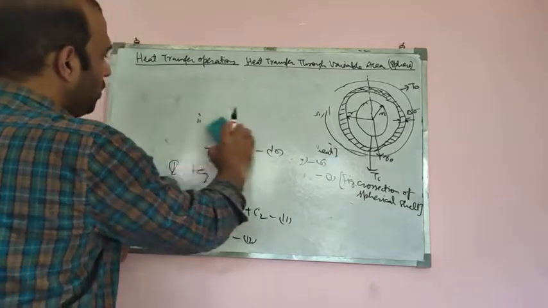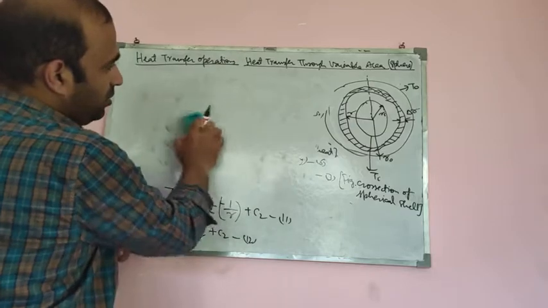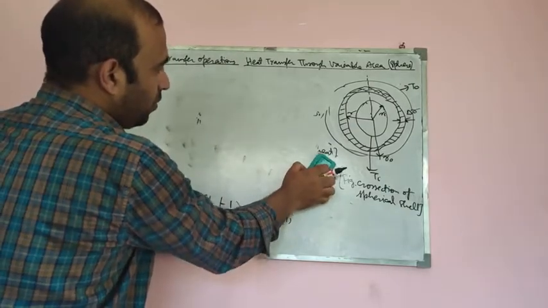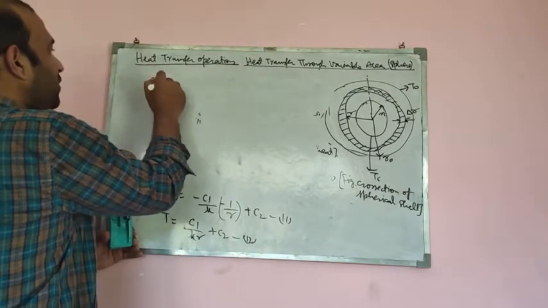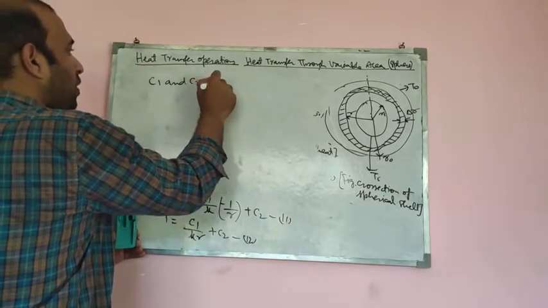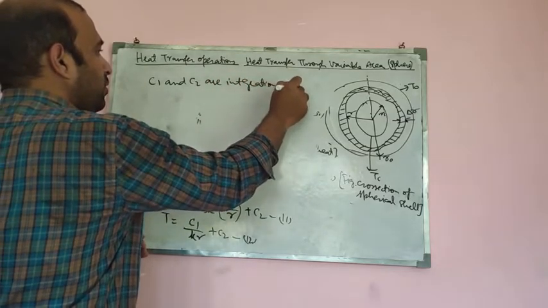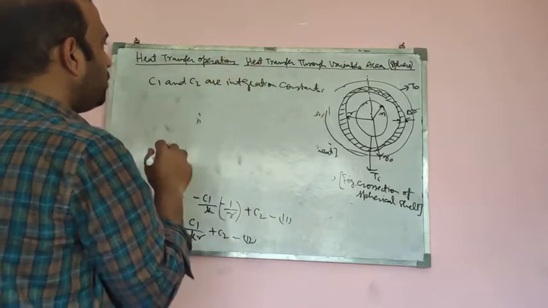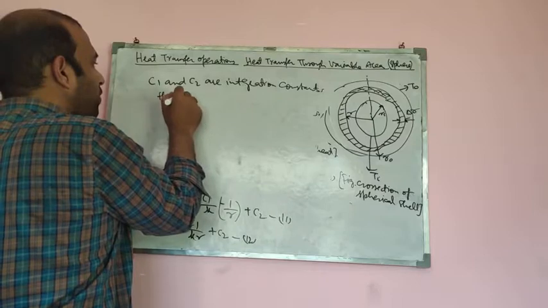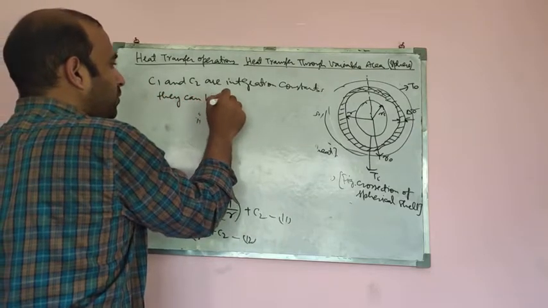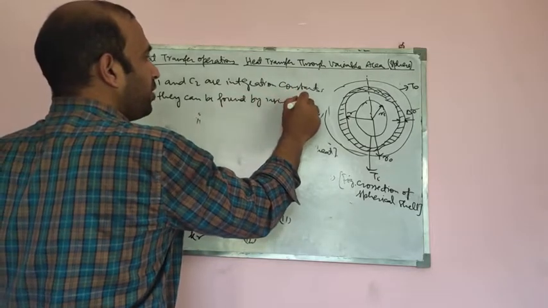Now C1 and C2 are both integration constants. So how can you find these two integration constants? They can be found by using boundary conditions.